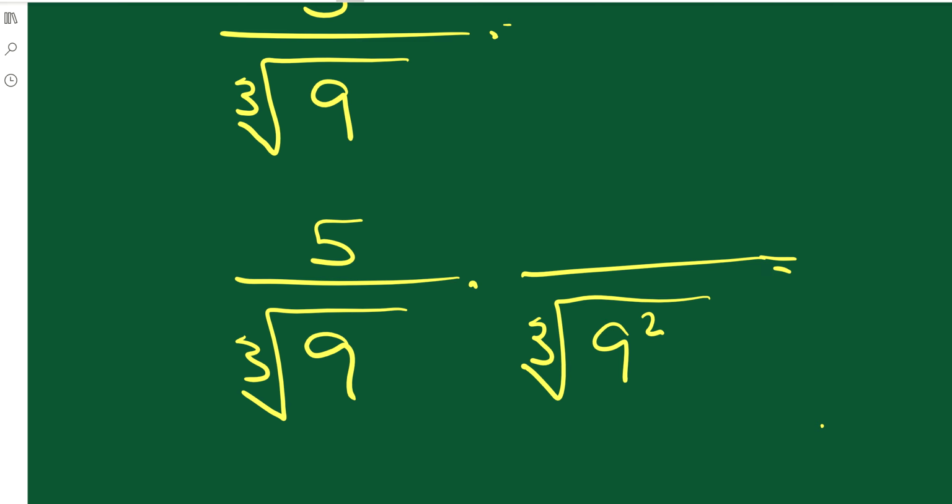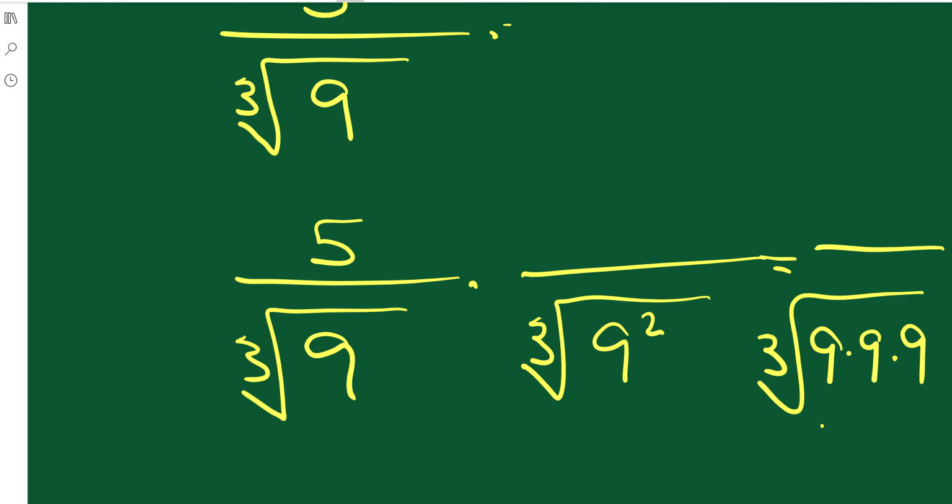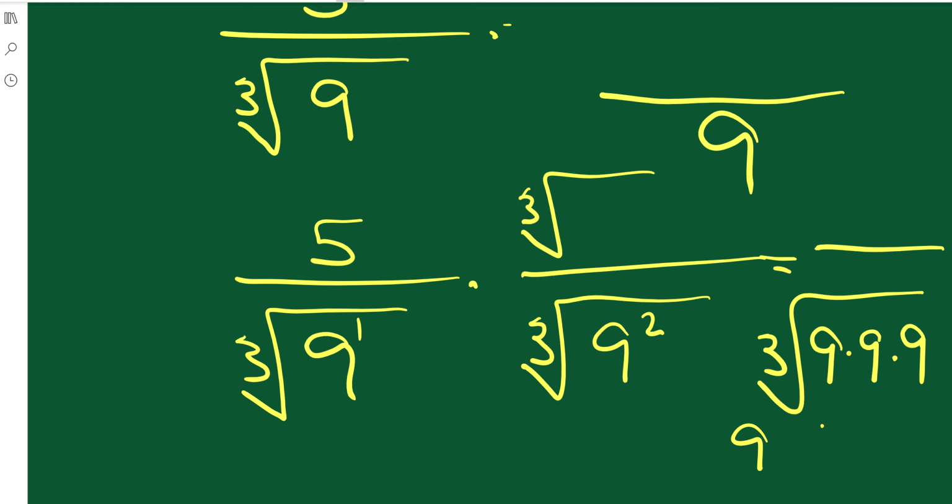So I get the cube root of 9 times 9 times 9. This is 9 to the first power times 9 to the second power, which is 9 to the third power. The cube root of 9 times 9 times 9 is 9, so I have 9 in the denominator. And if I do that to the top and the bottom, remember the bottom is the cube root of 9 squared, then what have I got?